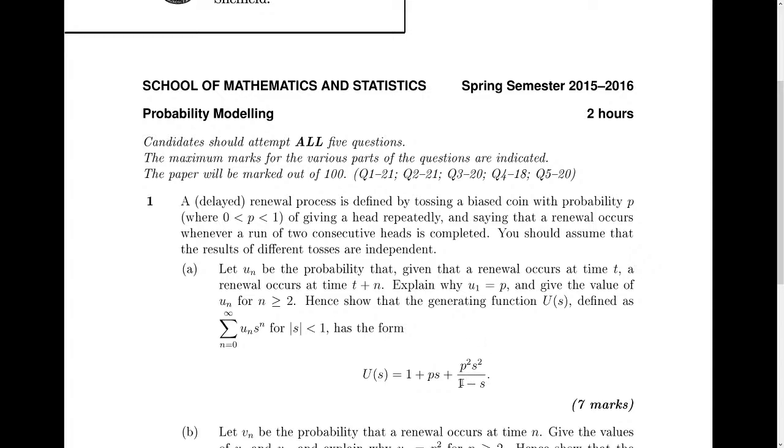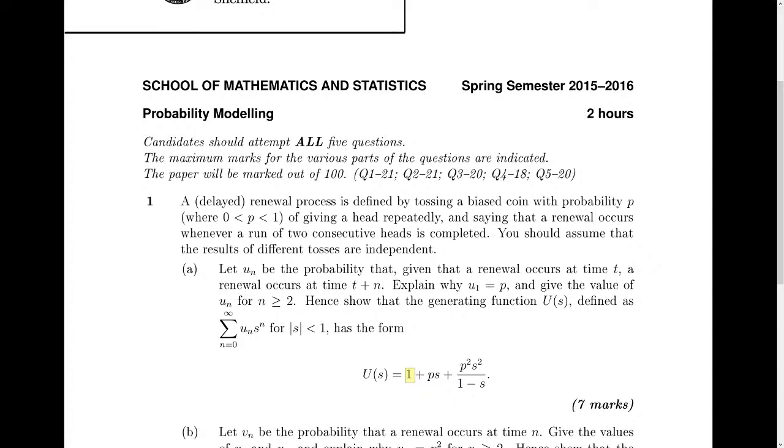The traditional thing is to decompose 1 divided by 1 minus s into the geometric series. Then you would see that there's p squared times s to the power n for n bigger than or equal to 2. And then you notice, of course, that this has to be u_1, and this is u_0. I went fast for u_0. u_0 is 1 because if there's a renewal at time t, then there's a renewal at time t with probability 1, of course.